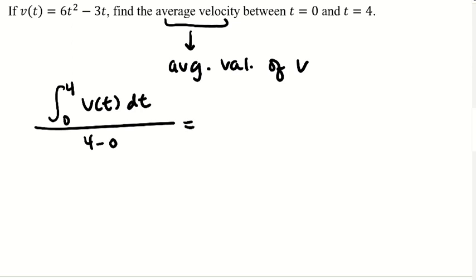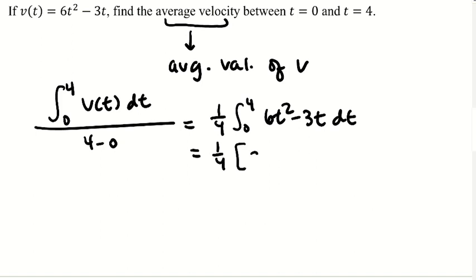Okay. Well, that's going to be 1/4 of the integral from 0 to 4 of 6t squared minus 3t with respect to t. And that's going to be 1/4 of 2t to the third minus 3/2 of t squared from 0 to 4.